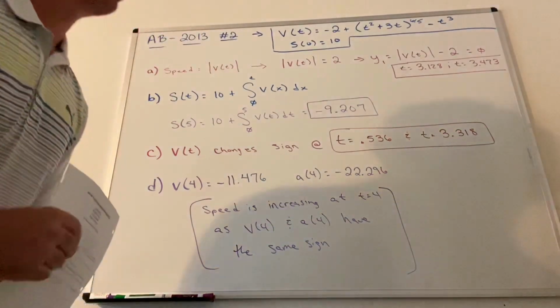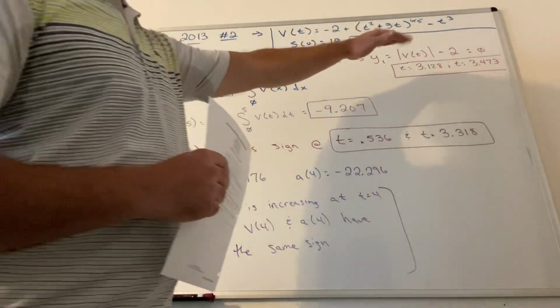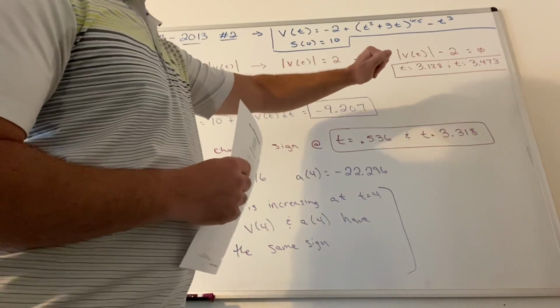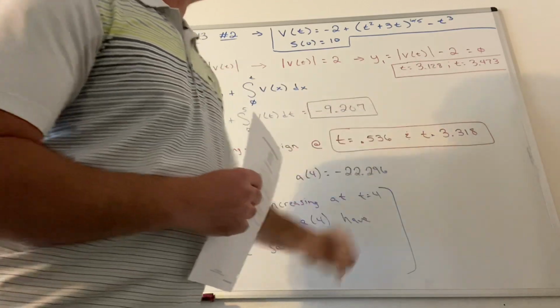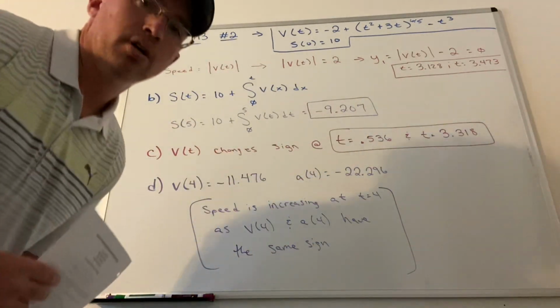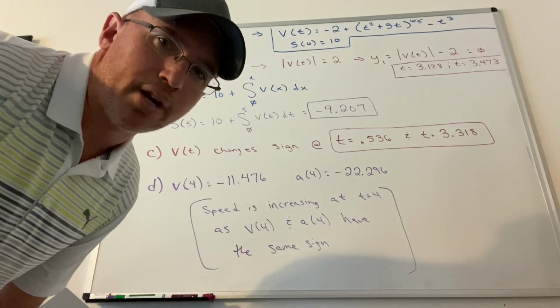Okay? And I'm going to graph it, and I'm going to see that he's equal to 0 at 3.128 and 3.473. Okay? Remember, your zero feature is in second trace.